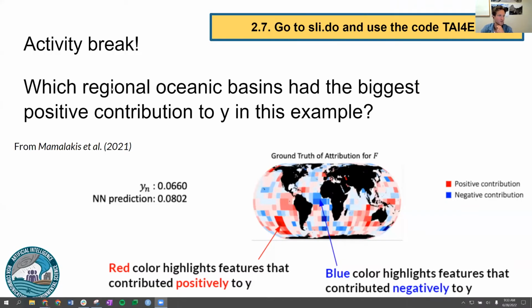So looking at this map again, which regional oceanic basins had the biggest positive contribution to Y in this example? So that's going to go back to Slido. I'll stop sharing this again. That's our next question.